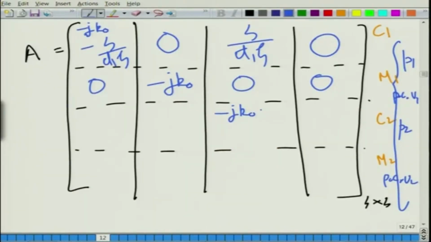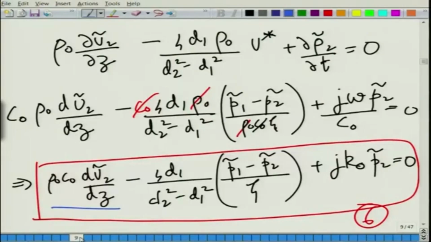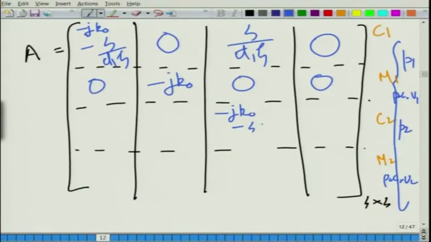Let us get back to this, minus j k naught. So what else is contributing to P2? Here you have minus minus plus, the plus will become minus when you transpose it on the other side. So minus 4 d1 by d2 square minus d1 square zeta, okay. So you will have this thing here.